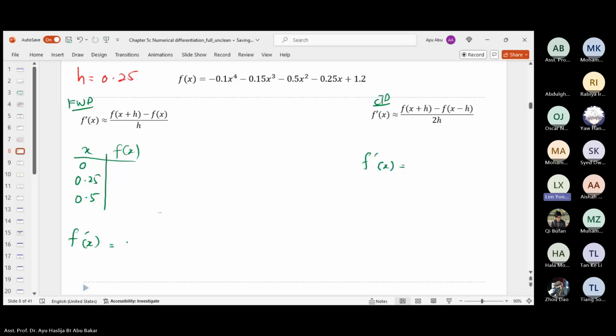Negative 1.15 for forward. Yes. Centered, negative 0.935. The rest get the same?